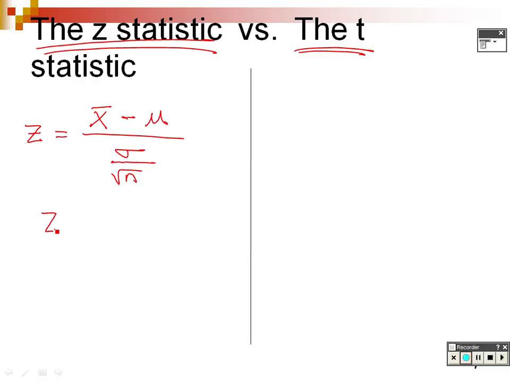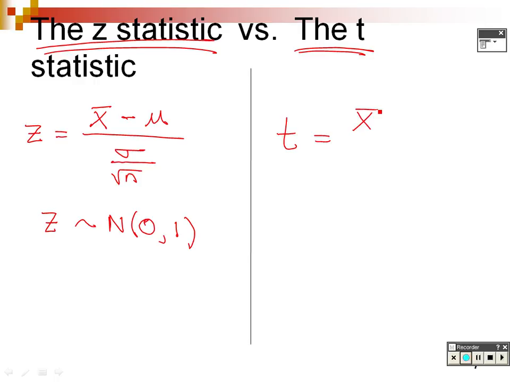And that gives us a z that is approximately normal with mean 0 and standard deviation 1. The t statistic is almost exactly the same with one notable difference.